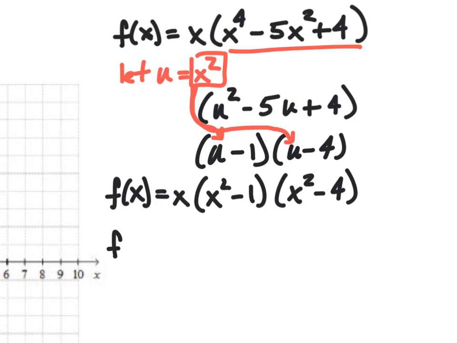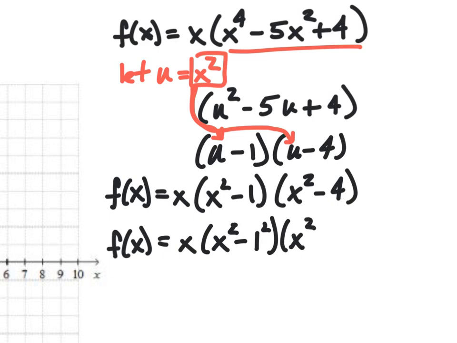So now I have my function f of x is equal to x. Now what I notice here is that this is a difference of squares. x squared minus 1 can be rewritten as x squared minus 1 squared, and then I have x squared minus 2 squared. So both of these can still continue to factor.